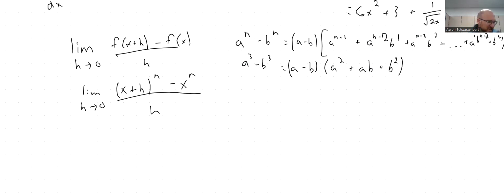So in this case, we get x plus h minus x. So a here is this guy, and b is that. So this is probably a new factoring rule. It hasn't been particularly practical until now.